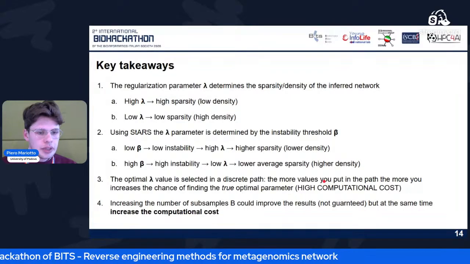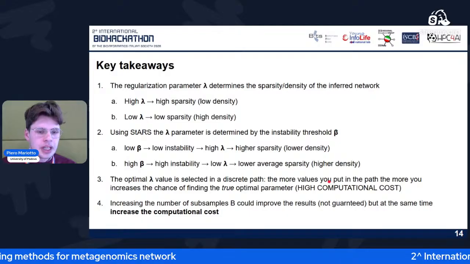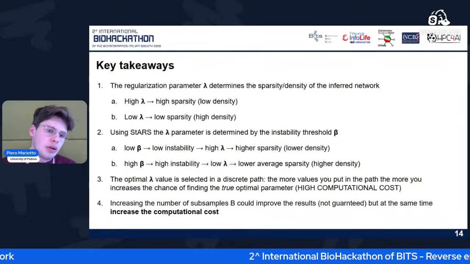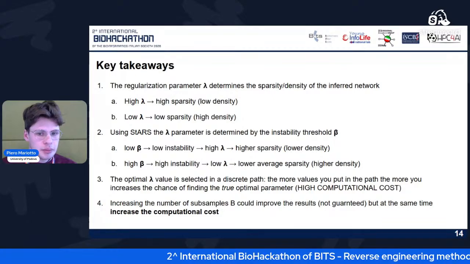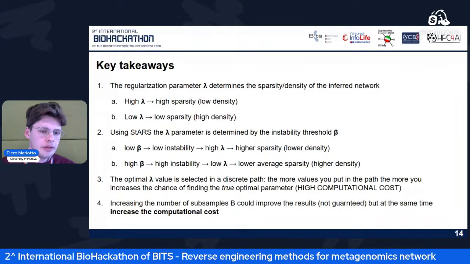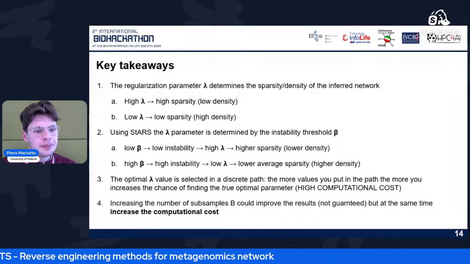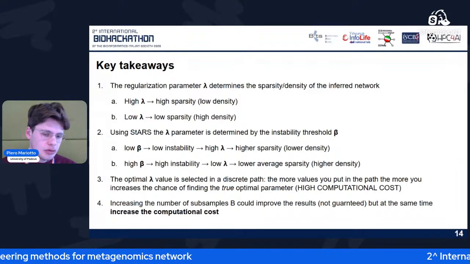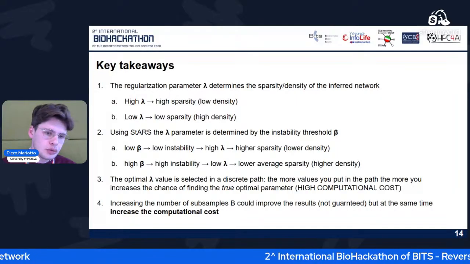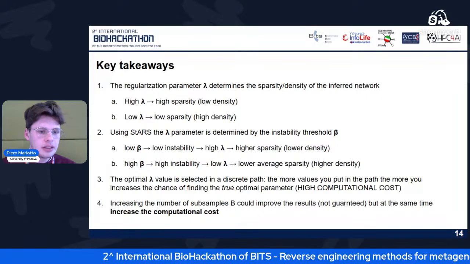So some key takeaways, especially about the selection of the lambda parameter. Since lambda is the regularization parameter, it determines the sparsity or density of the inferred network. Why is that? Because if you have a high lambda value, so a high penalty, it means that the estimation algorithm will prefer to place zeros in the precision matrix to avoid the penalty imposed by lambda.